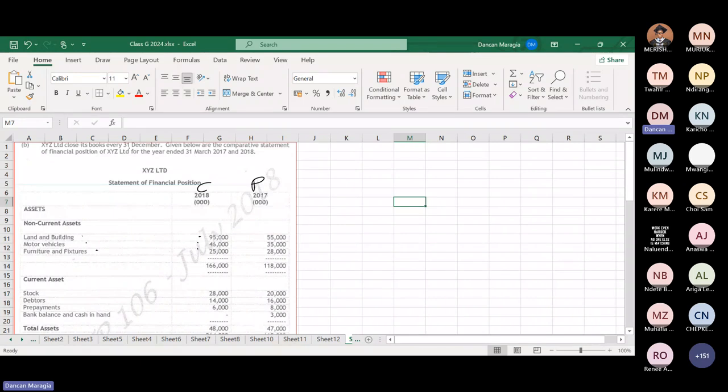So the way you are given these figures in the financial statements, before we even go into additional information: are the non-current assets shown at cost or at net book value?